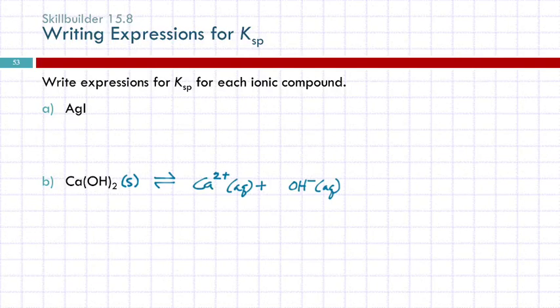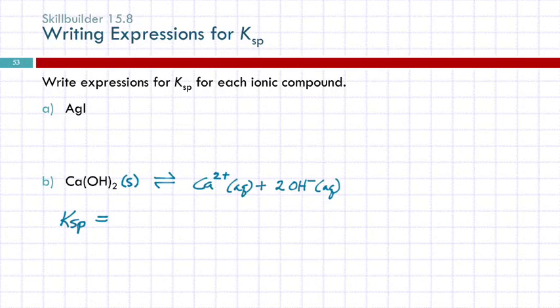This equation has to be balanced. So you can just write the ions and then balance it, or you can think about it as you write it out and say, well, there's 2 hydroxide ions, there must be a 2 here. So that's the first step, writing the balanced chemical equation. And then the solubility-product constant expression is going to be, you can use the same, you don't have to memorize a separate thing for this.